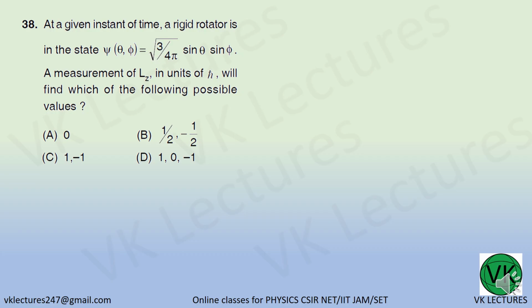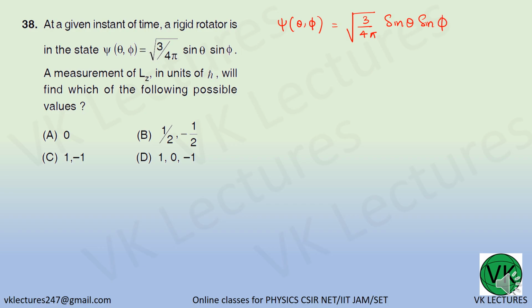At a given instant of time, a rigid rotator is in the state psi of theta comma phi equal to root of 3 divided by 4 pi times sine theta into sine phi.